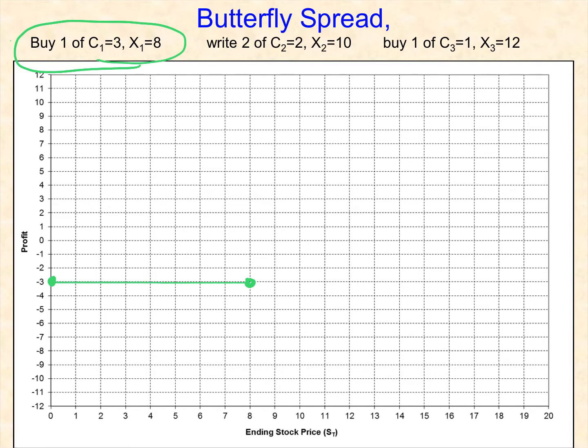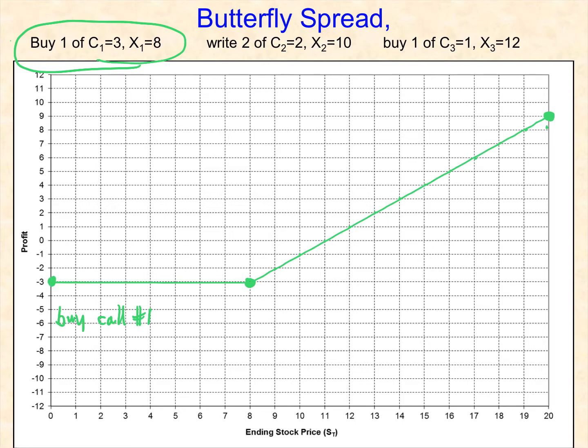As the stock price rises above 8, we make $1 in profit for each dollar that the stock price rises. So we can plot the payoff to the first option at high stock prices along this section of the line here. So we'll label this call number 1.